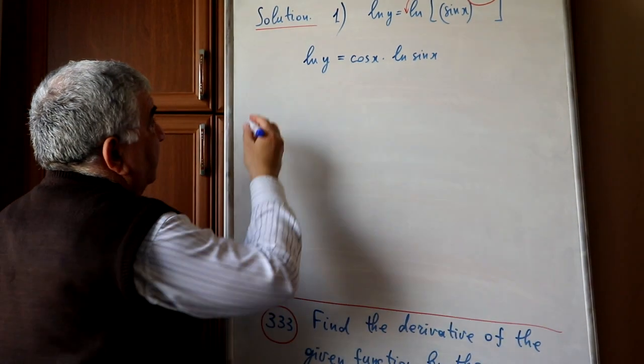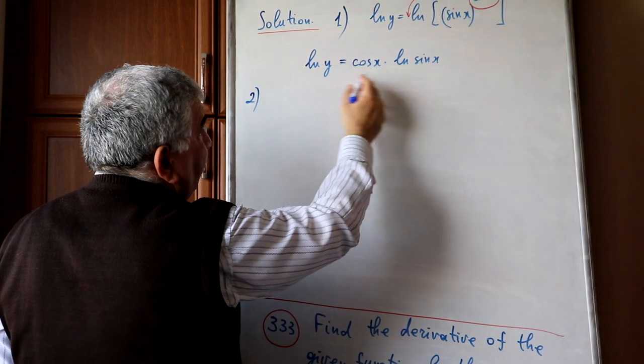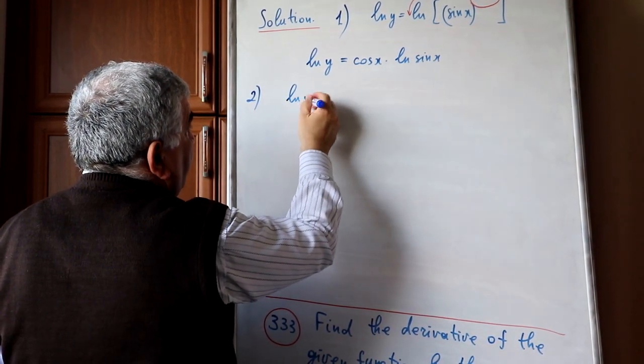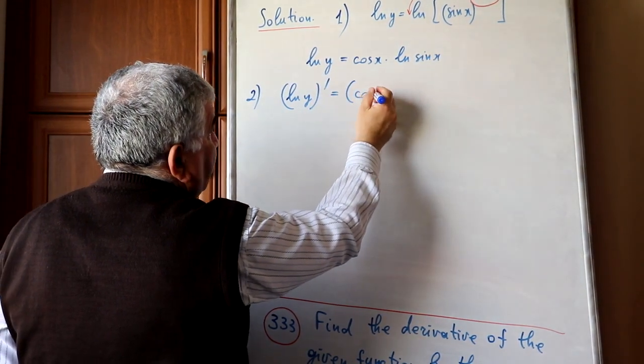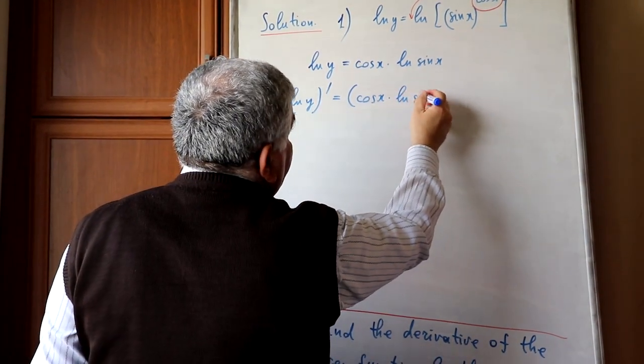In the second step, we must differentiate both parts of the last expression. Natural logarithm of y prime equals cosine x multiplied by natural logarithm of sine x, prime.